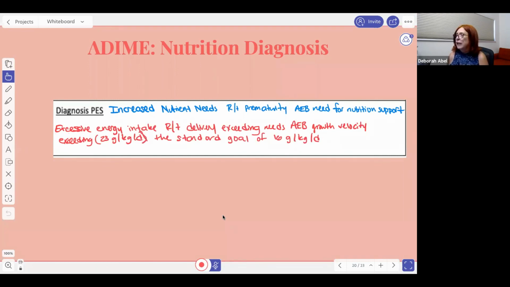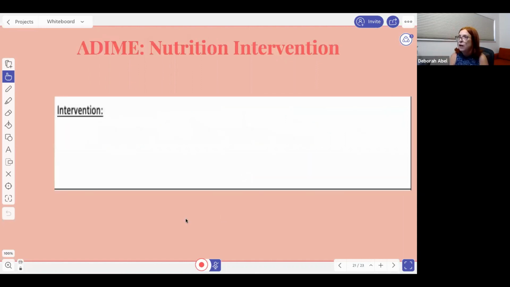All right, and in the NICU, because we round so many times and we write so many notes, our notes tend to be much shorter and briefer. So in the nutrition intervention, we're going to just briefly go through them. Remember what our recommendation was for this little guy: we wanted to decrease the energy delivery by approximately 5%.